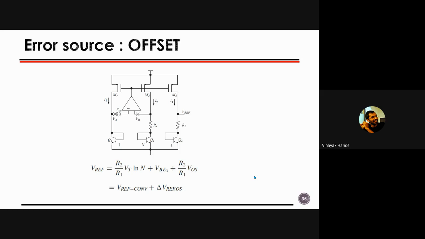Other solutions are quite complicated. People use the chopping technique, because chopping is generally preferred to avoid the offset. Chopping means we have the operational amplifier along with the offset, and we chop the signal to a higher frequency.